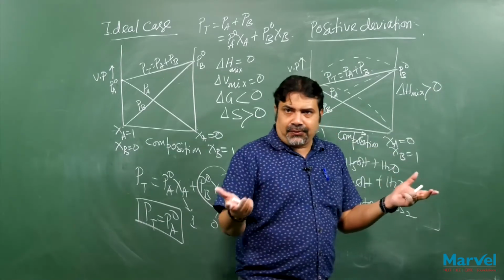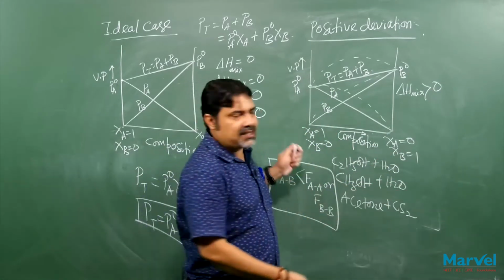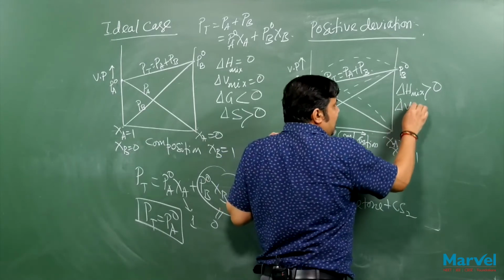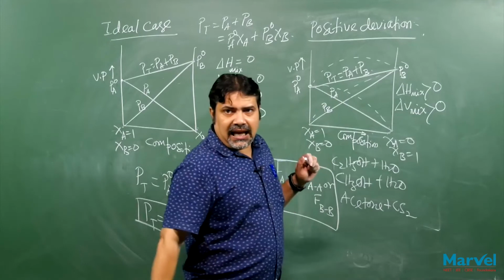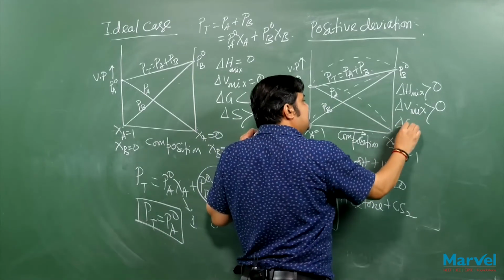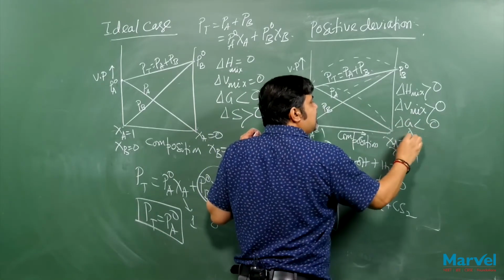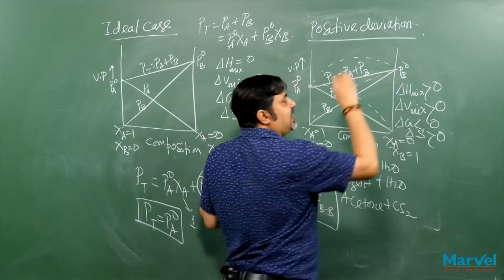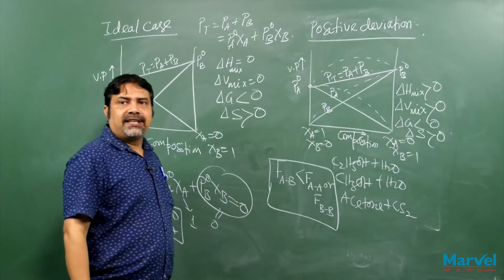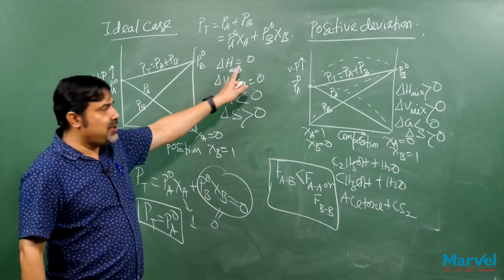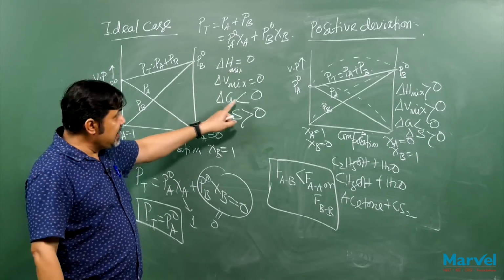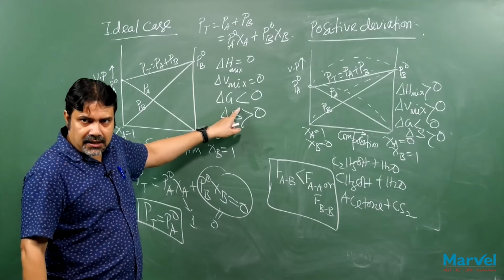As their repulsive force is more, they will be away from each other. When they are away from each other, volume change also will be greater than 0. And then delta G, as it is a spontaneous process, is less than 0, delta S is greater than 0. In the ideal case, delta H is 0, delta V is 0, delta G less than 0, delta S greater than 0.